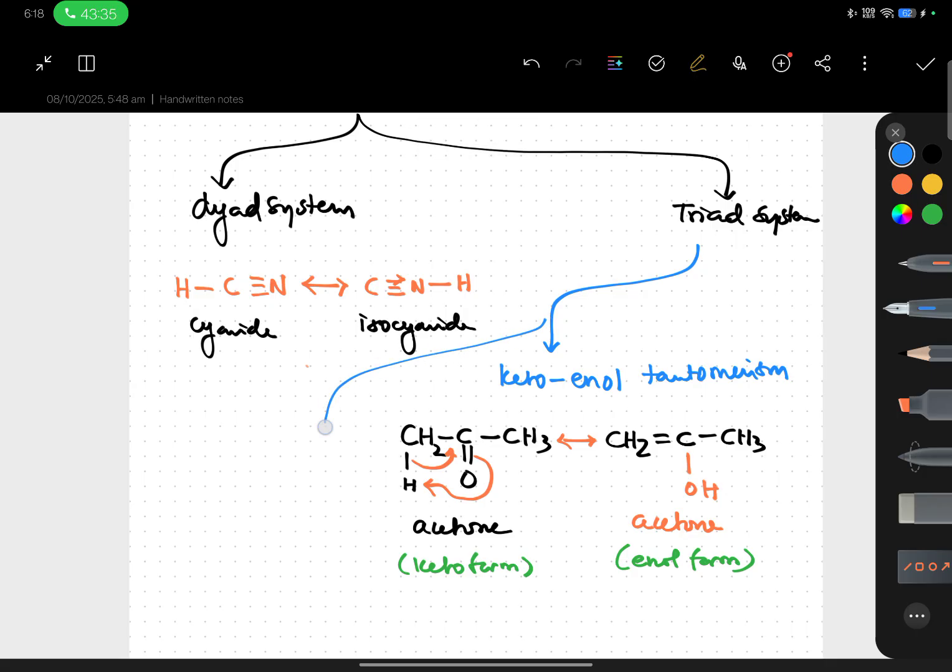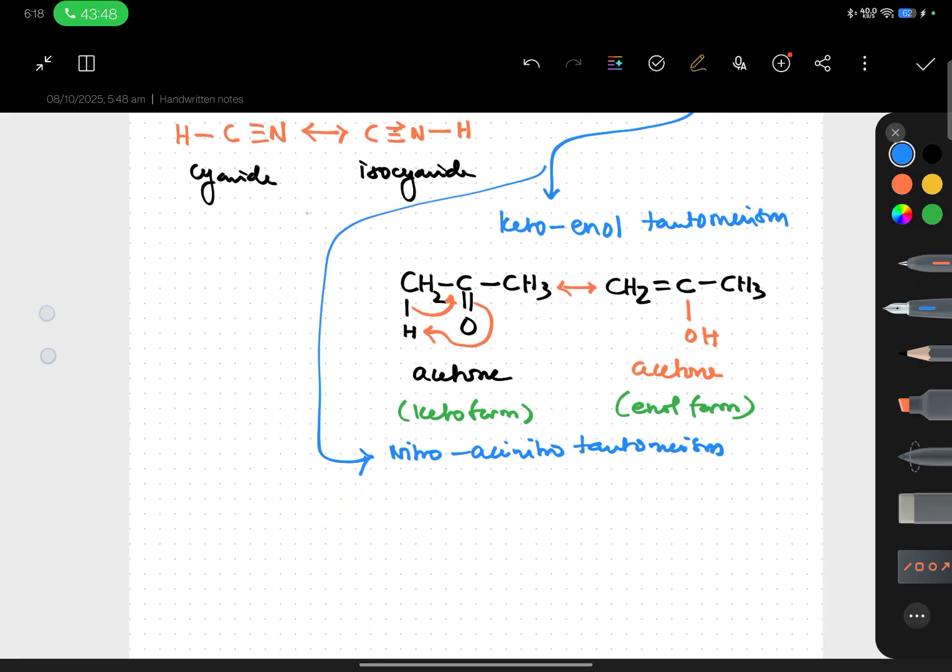Another triad system is called nitro-acinitro tautomerism. This is again a combination of bond and atomic shift. So HON double bond O. Now what will happen?